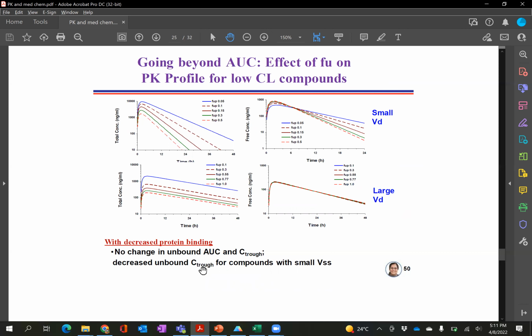Decrease unbound Ctrough for compound with small volume of distribution. No change in unbound AUC and Ctrough.